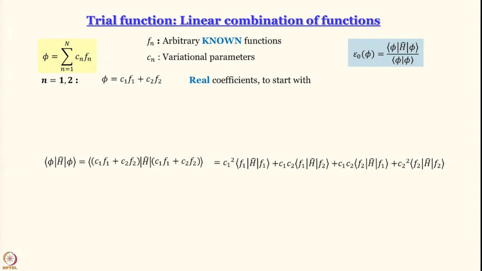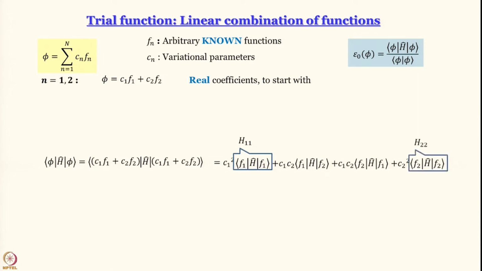Okay. So, see the first and the last integrals are similar in form, they are integral Fi star H Fi, right. In the first case i equals 1, in the second case i equals 2, that is all. So, this I call H11 and the second one is called H22.